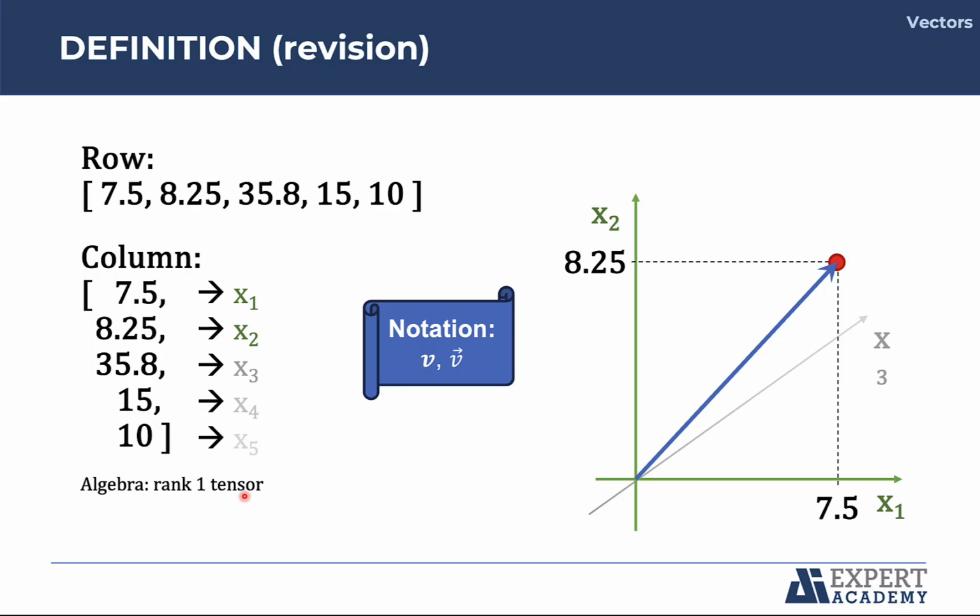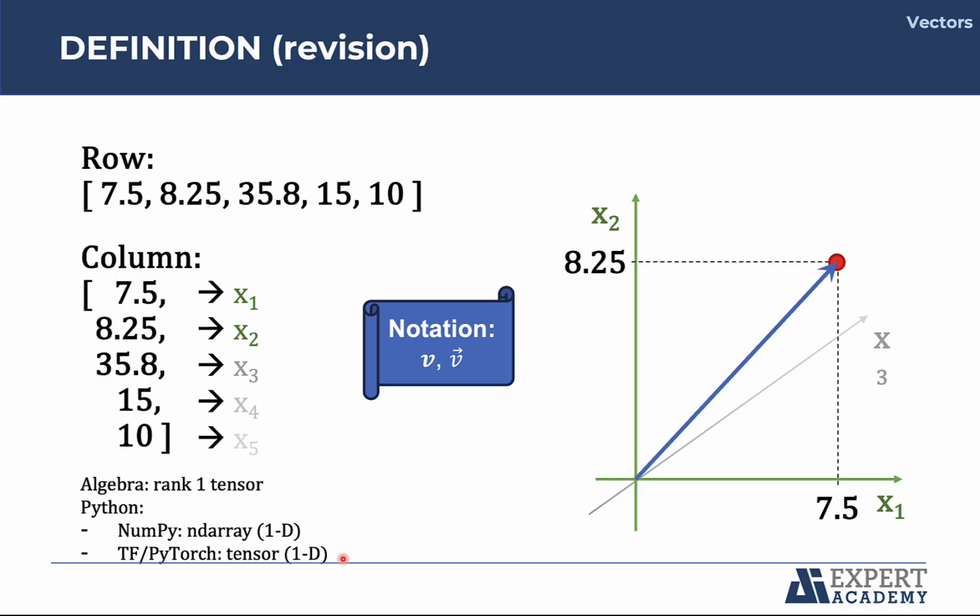In Python, vectors are usually implemented through the NumPy library as an instance of the array class. In this example, the vector is a 1-dimensional array. In neural network libraries such as TensorFlow and PyTorch, a vector is a 1-dimensional tensor.